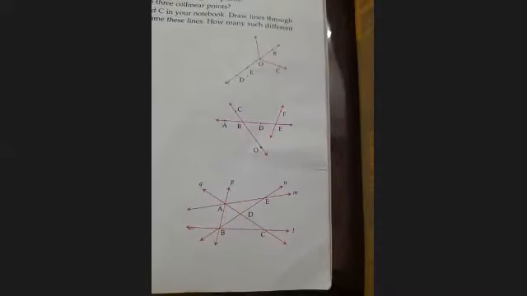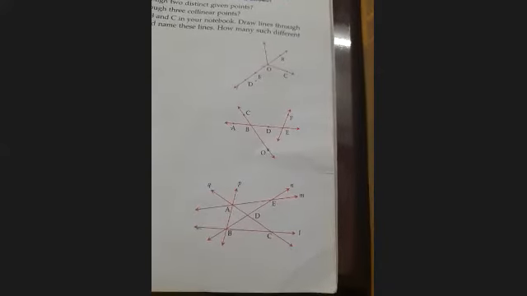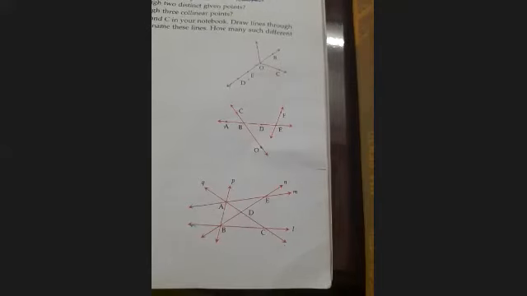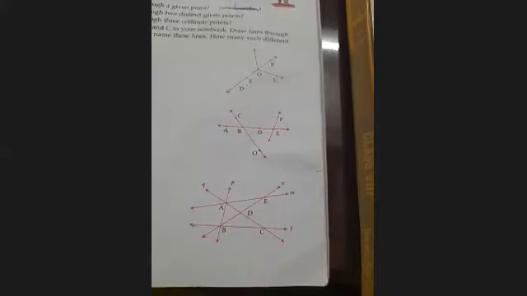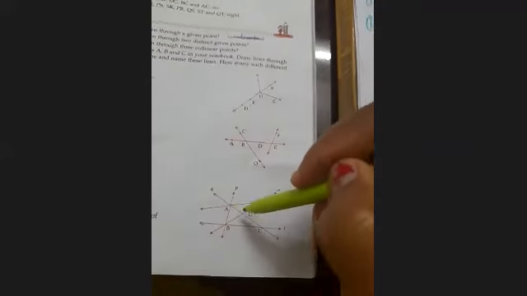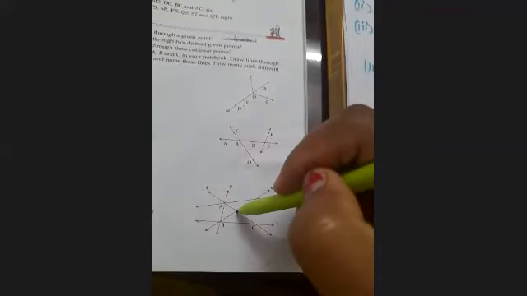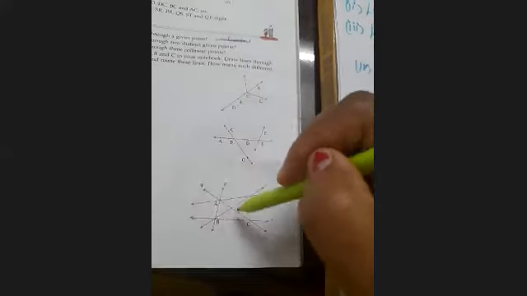First is point A, D, and C. These are 3 points which lie on line Q.